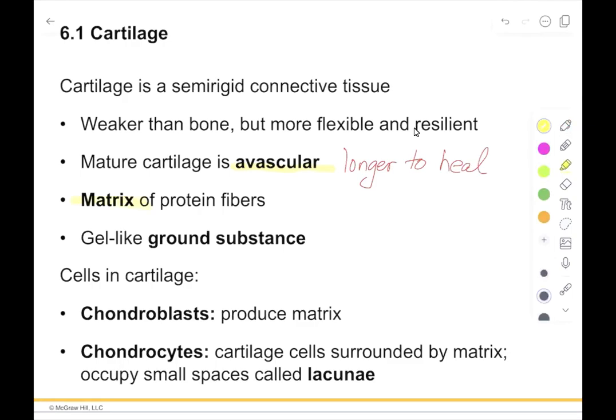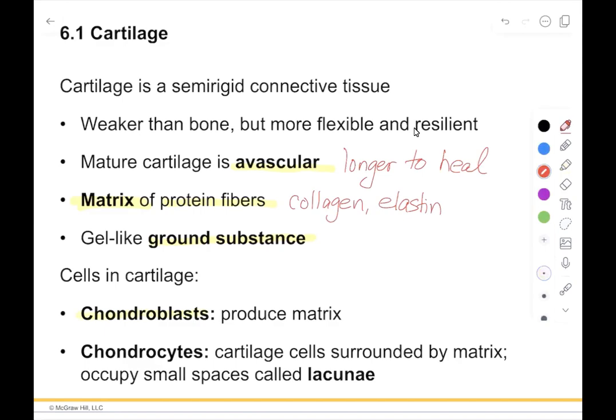Recall there is a matrix found in connective tissue, unlike other types of tissue. And that matrix has protein fibers in it, such as collagen and elastin, to name a couple. Within cartilage, as well as other types of connective tissue, there's also a ground substance that makes it up. So the cells in cartilage, as I've mentioned before, are the chondroblasts.